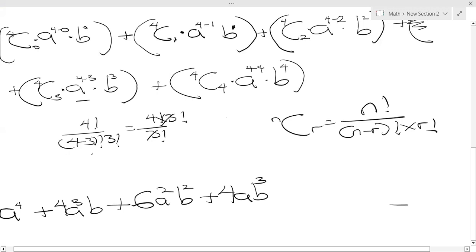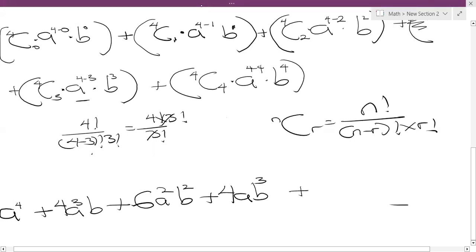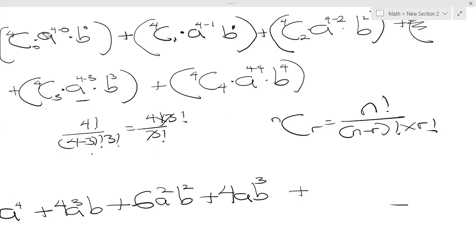Okay, and lastly, 4c4. Now, when you have something like nCn, let me just erase this again quickly.